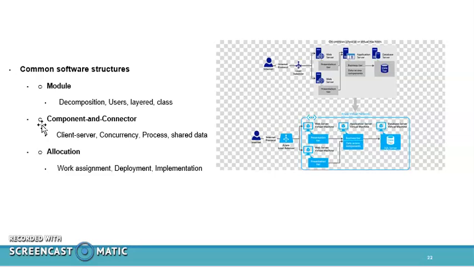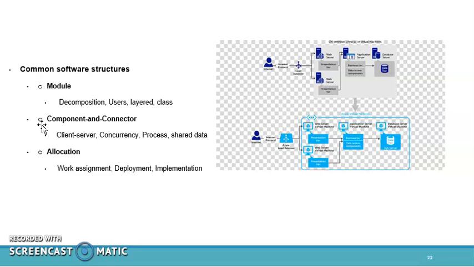If they are correct, then the client will hit the server. Then the server will load all the data of that specific username and return the data to the client. This is a whole process. So the process is also a part of component and connector structures.